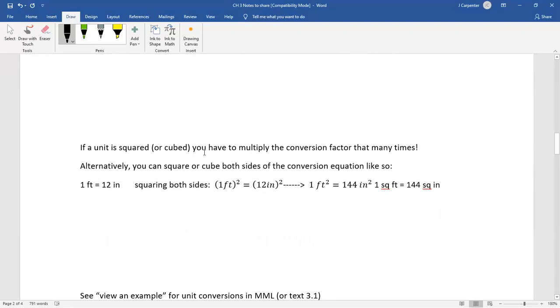If a unit is squared or cubed, you have to multiply the conversion factor that many times. This right here throws so many people off. 1 foot is 12 inches, so then they think, oh, 1 square foot is 12 square inches. That's completely wrong. And that's a big problem if you ever want to retile your floor and you think, okay, I measured my floor and it was, say, 10 by 12.